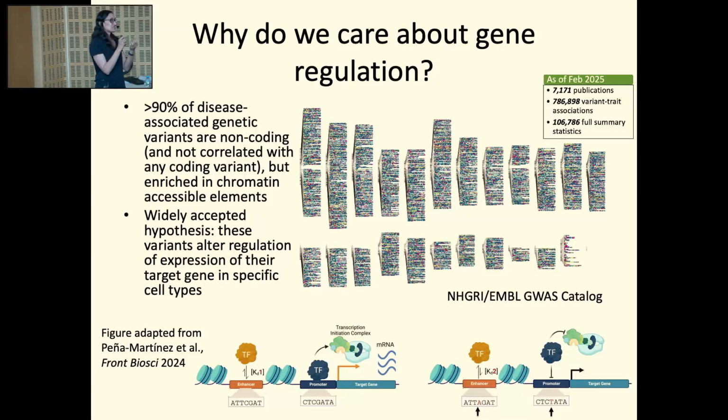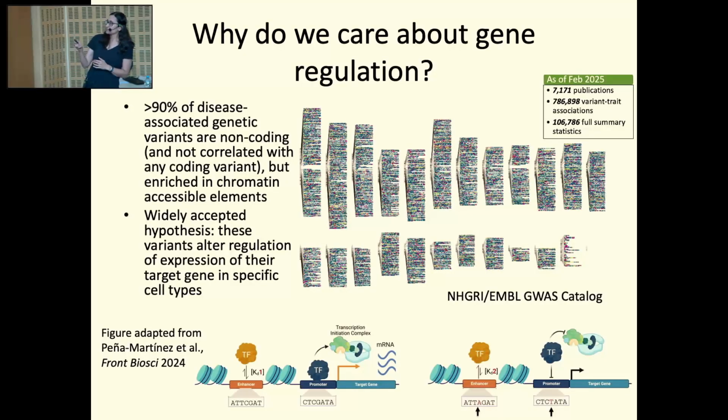It's not so simple, right? If it were just always ablating a motif, we would have figured more out by now. Often these variants are near motifs, but not in the motif, right? So there's sort of subtle variation, but it does something, okay?